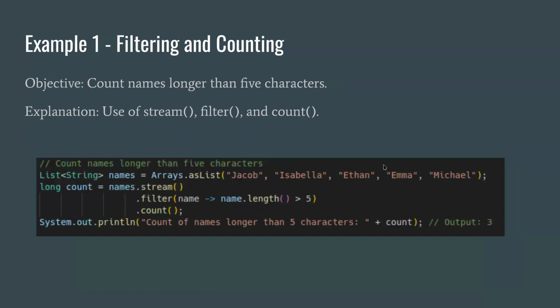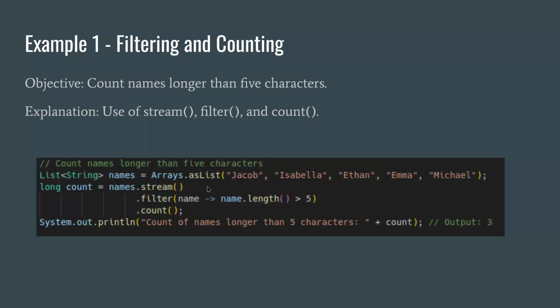We've seen a lot of examples, but let's re-look at this example for filtering and counting. Say we are given a task to count how many names in a list have more than 5 characters. Then we can use the Stream API.